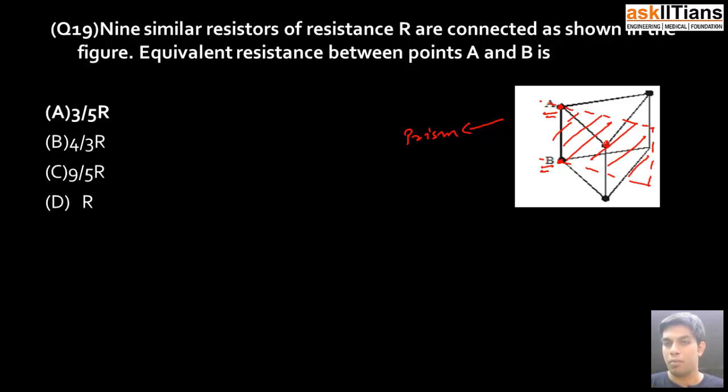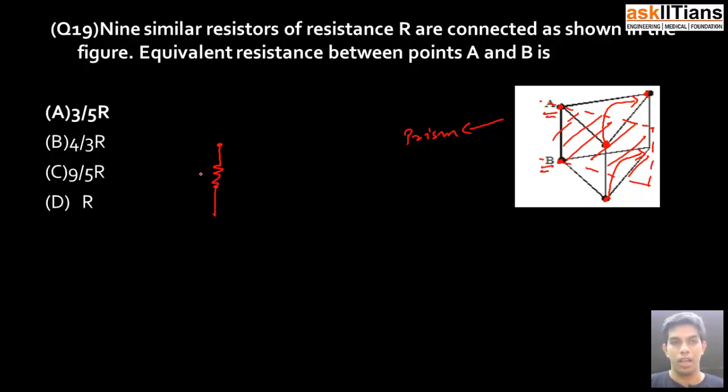So I can say that the potential at this point and this point is the same. So I can make this point coincide with this point. Similarly for this point, I can make this point coincide with this point. So the equivalent circuit diagram looks like this.